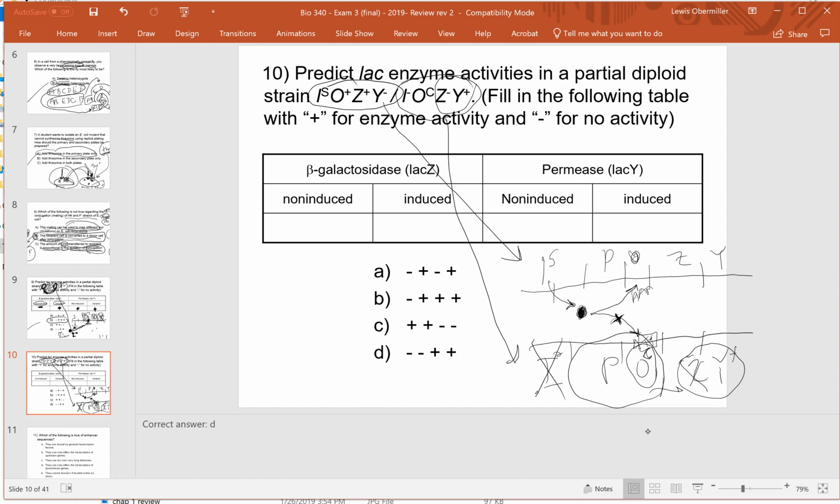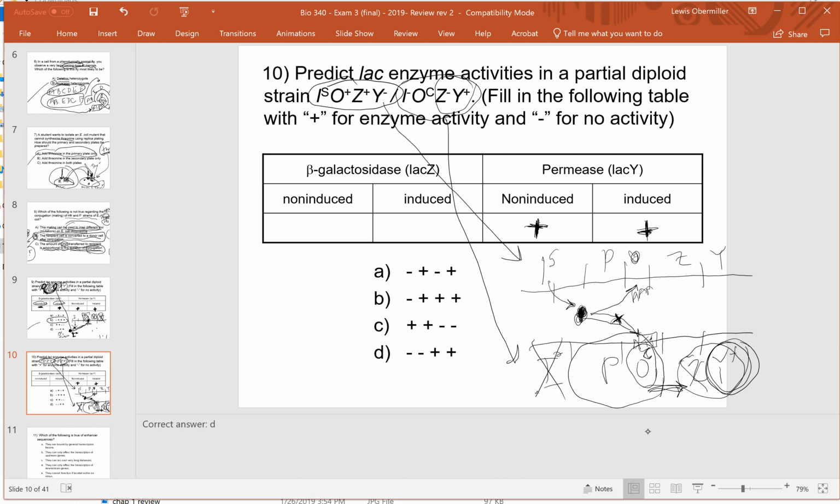So Z, even though the mRNA will be made, that protein won't be made, and this Y is going to be on no matter what. So it'll be on because it's constitutive. It'll be on if it's non-induced, and it will be on if it's induced, because this repressor here can never bind to this operator, and so the polymerase will always turn this on, and this will always be made regardless of what happens.